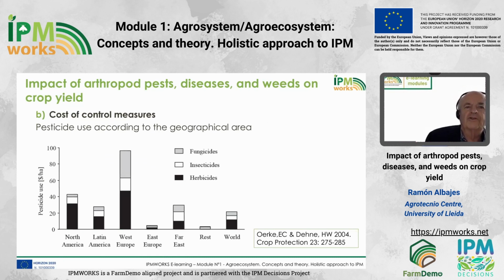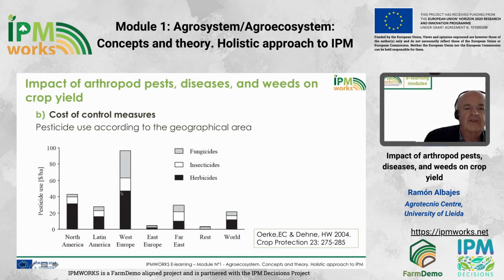What is the cost of control measures? We can see in this figure the cost of pesticide use in different parts of the world. Black are herbicides, white insecticides, gray fungicides. For instance, western Europe is the place in the world where we spend the most on pesticides.